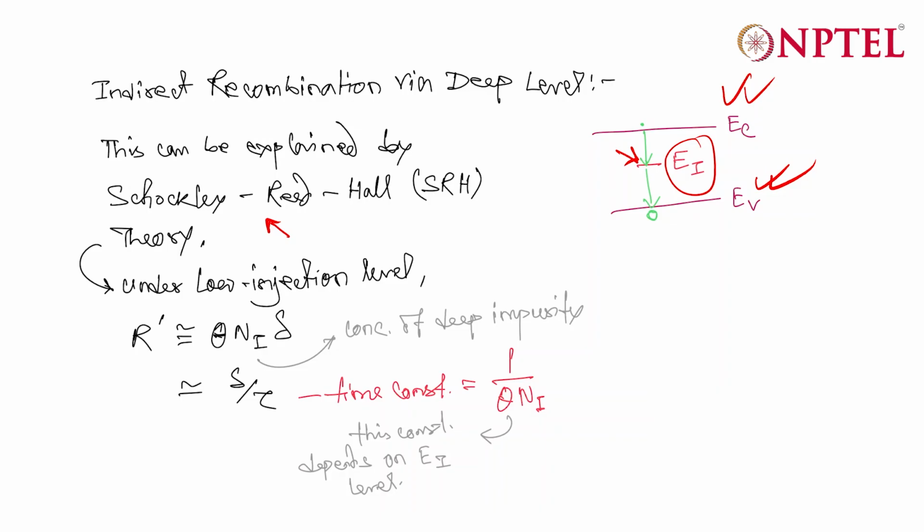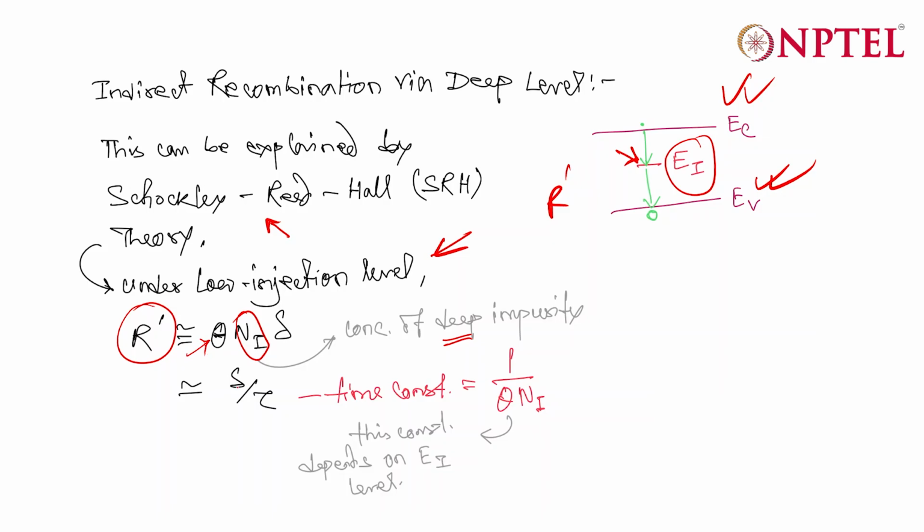Now, under a low injection level, you'll find that the excess recombination rate R dash is equal to theta into Ni into delta, where Ni is the concentration of deep impurities and theta is a constant.